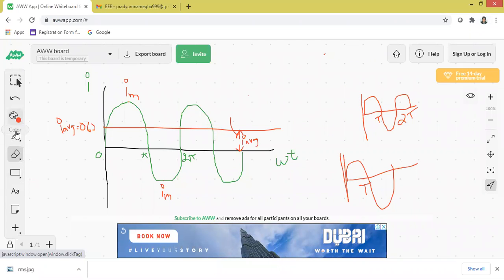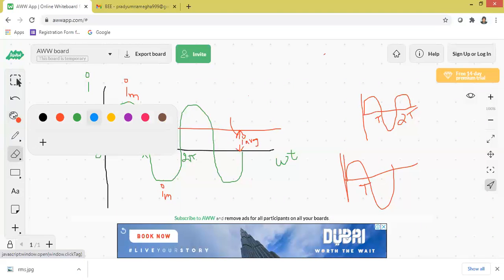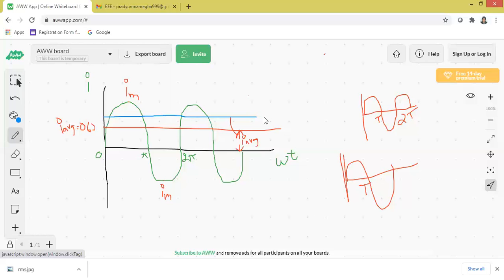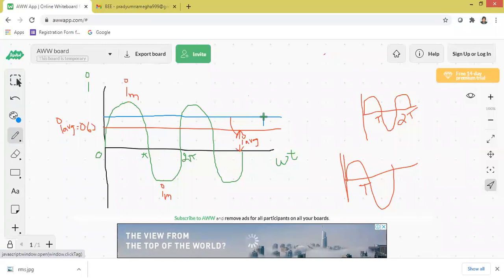Now all of you see, I am completing the graph now. We have shown the peak current, we have shown the average current. Now we are showing the RMS current. Where do I have to draw this one? Above the average current or below the average current? Above the average current. So all of you draw along with me. Draw neatly the RMS current. Okay. So with arrow marks, you can draw here, indicating RMS current.